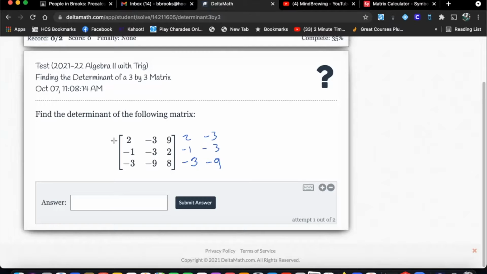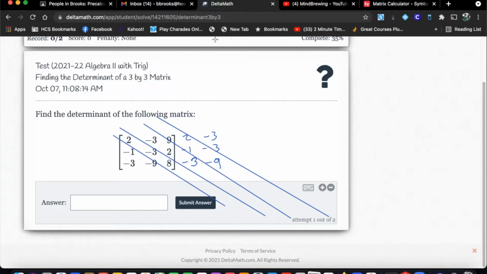And then, if I remember correctly, we just multiply straight across, straight down these triples here. It's kind of like this will be 1, this will be 1. I would do 3 times -2 is -6 times 8 is negative 48.